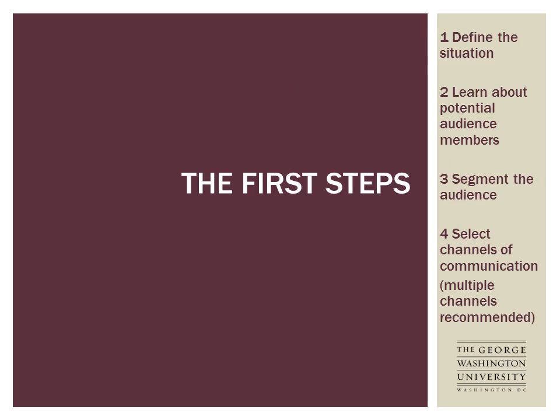The first steps of a health communication campaign are to define the situation, learn about potential audience members, segment the audience, and select channels of communication, and multiple channels are recommended.